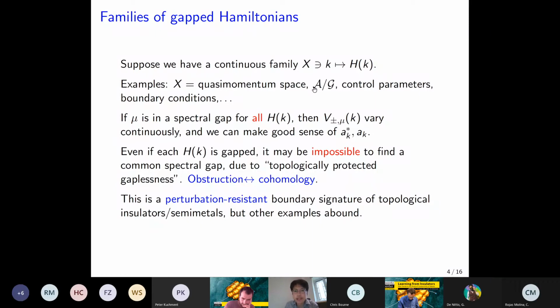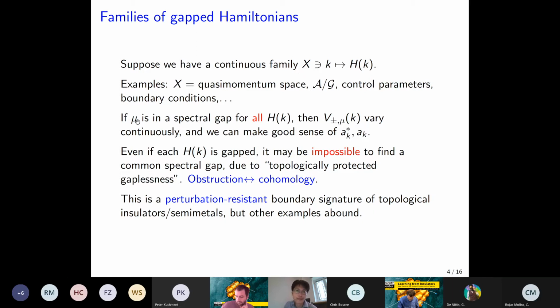But such situations arise when people were studying gauge anomalies as well. Then the parameter space was the moduli space, the space of gauge orbits of some gauge theory. In other settings, it may just be some control parameters in your system. And in situations where you have boundaries, X may be a parameter space which labels the boundary conditions. So there are many situations in which you might have such a continuous family.